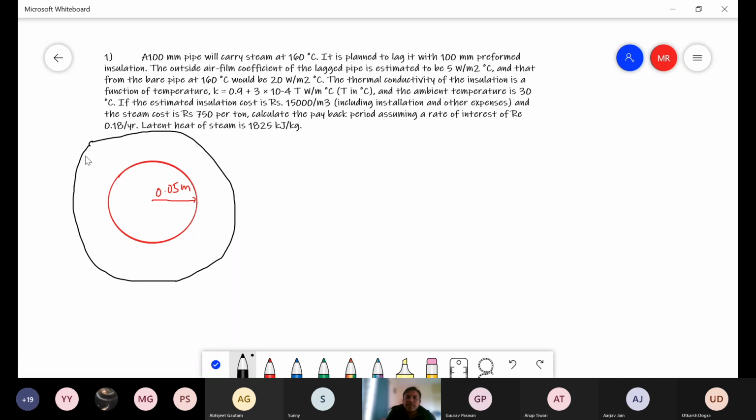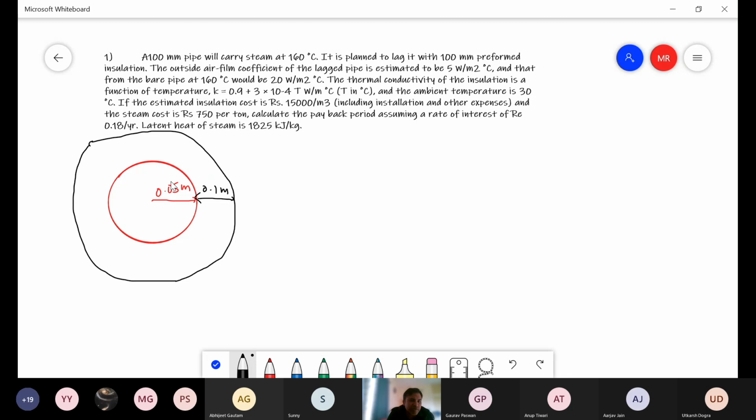Now this 100 mm preformed insulation is there, so this part is 0.1 m. Is it clear to everyone? So this is the insulation which we have put outside this pipe.